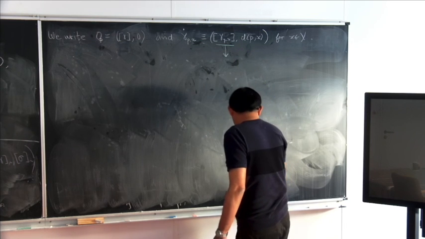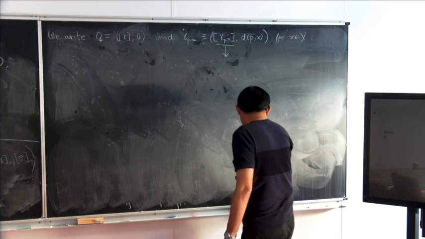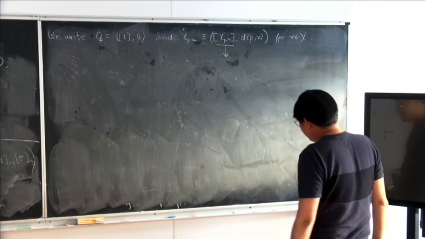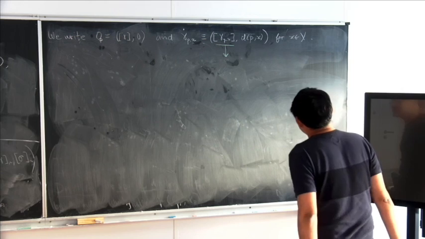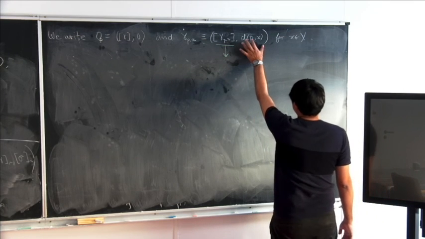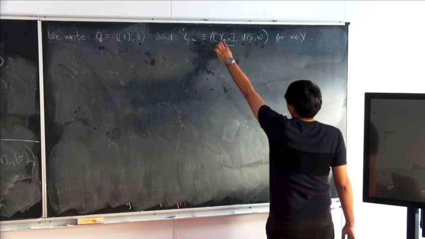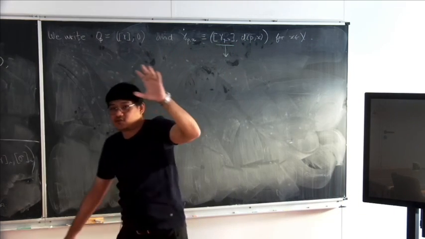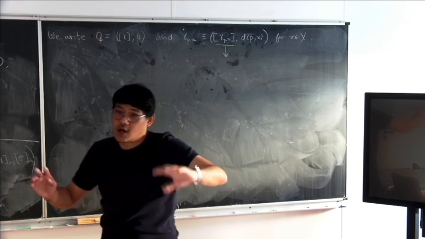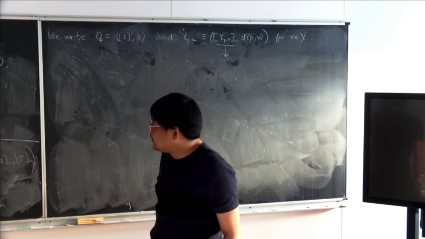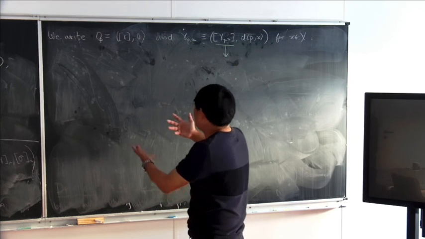One thing. Actually, this is also an abuse of notation because when p and x are equal, then this is 0, but this is gamma pp, and gamma pp actually does not belong to Gp. Gp is the set of non-constant geodesics, and gamma pp is not in Gp.